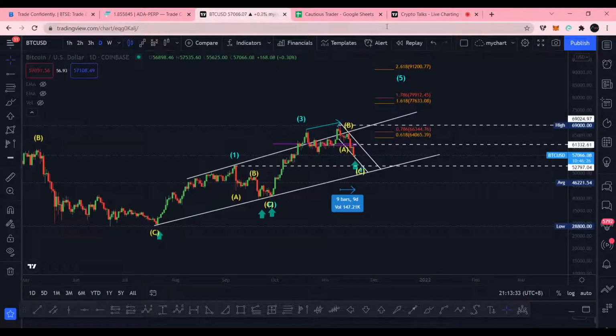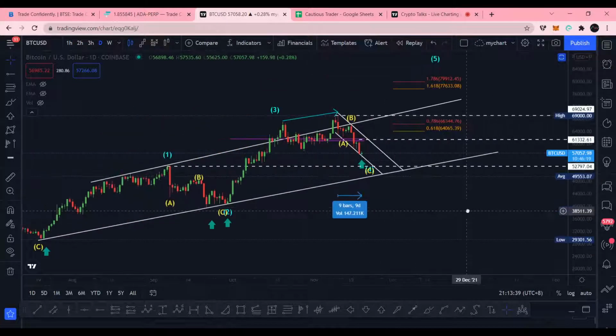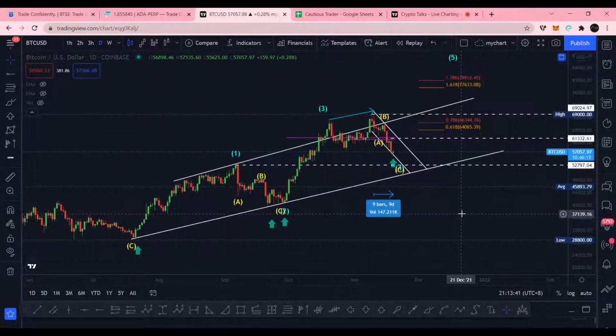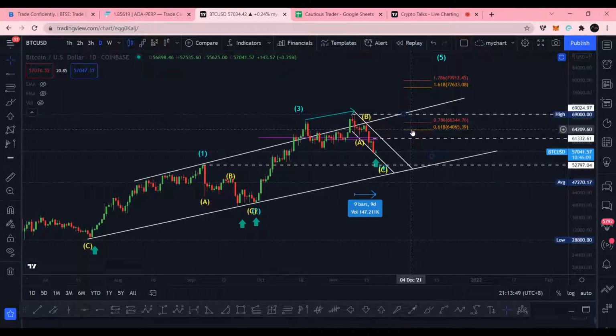So if ever I trade this, I might go long at this price, 57, and then TP at 69. Though there's still a possibility that it will be rejected within this $61.